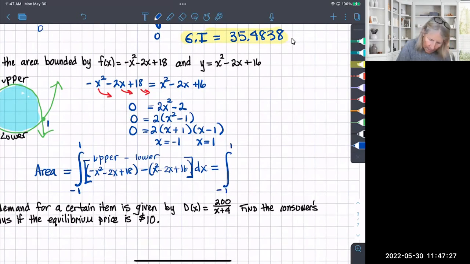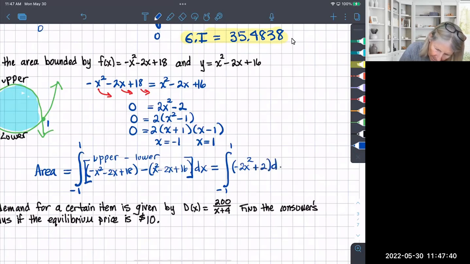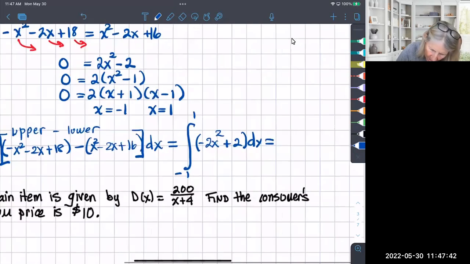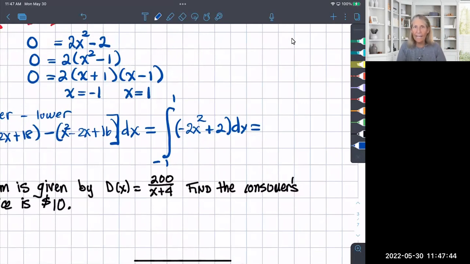So if I combine the x squareds, I'm going to have a negative 2x squared. And then again, the 2x's cancel. And then 18 minus 16 will give me plus 2 dx. Okay, so if I input this in my calculator, that's going to give me my area. So take a minute, do that.